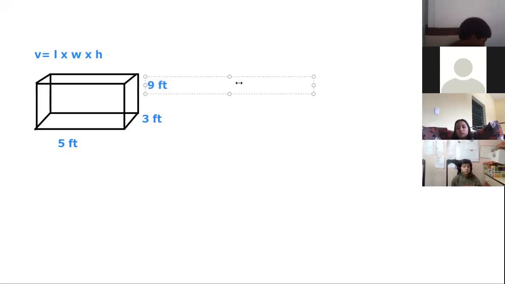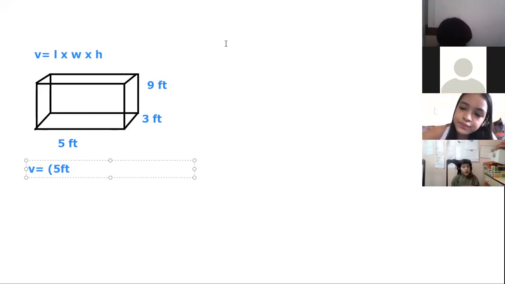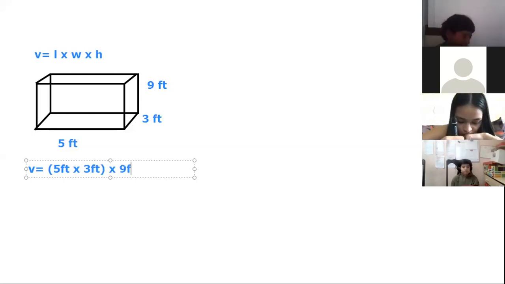The only thing I have to do is the multiplication. We know all of that. So we have volume equal to, open parenthesis, 5 feet times 3 feet, close parenthesis, multiply 9 feet.